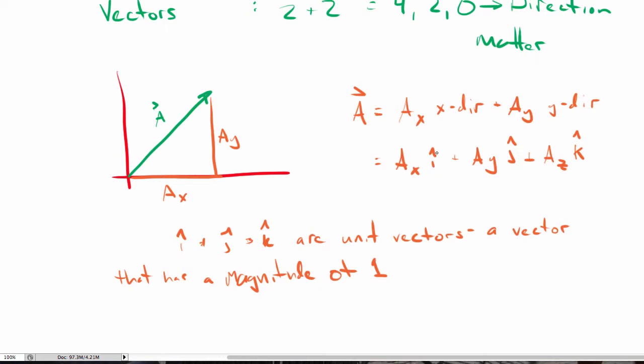If I multiply 1, which is inherent in this i hat, times A sub x, A sub x still has the value of A sub x. Right, so a vector that has a magnitude of 1 and a direction that is parallel to one of the coordinate axes.